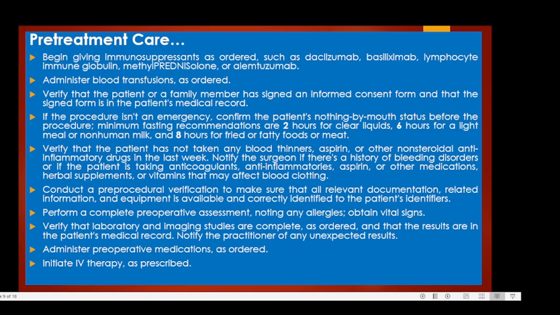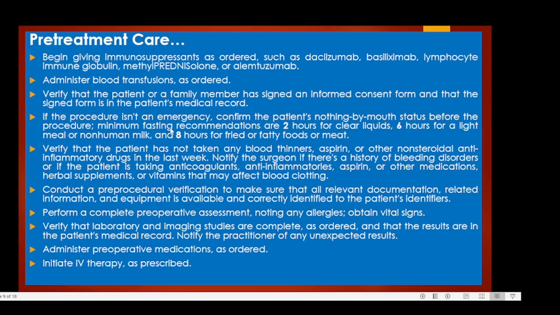As a nurse, you have to ensure that the consent has been gotten through the best means possible. The diagnosis has been explained to the patient, the alternative medicine have been explained to the patient, and the patient has agreed voluntarily. If the procedure isn't an emergency, confirm the patient's nothing by mouth status.